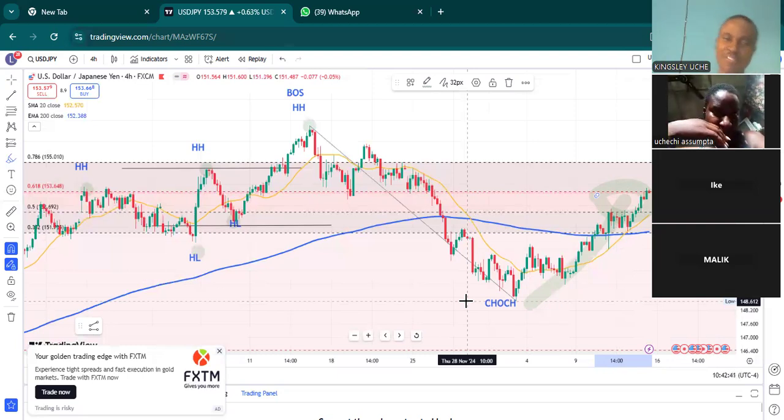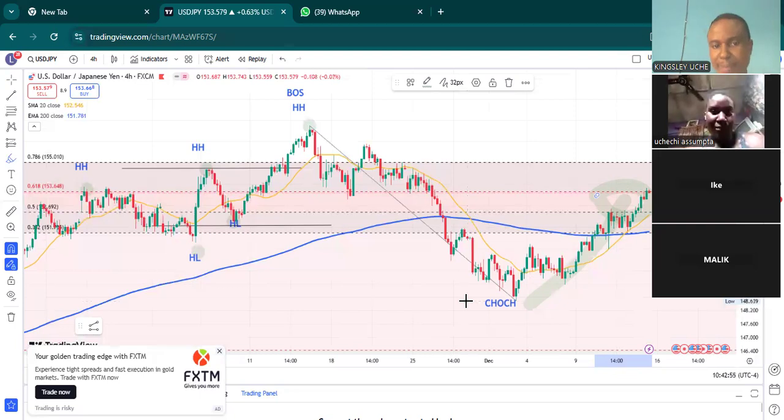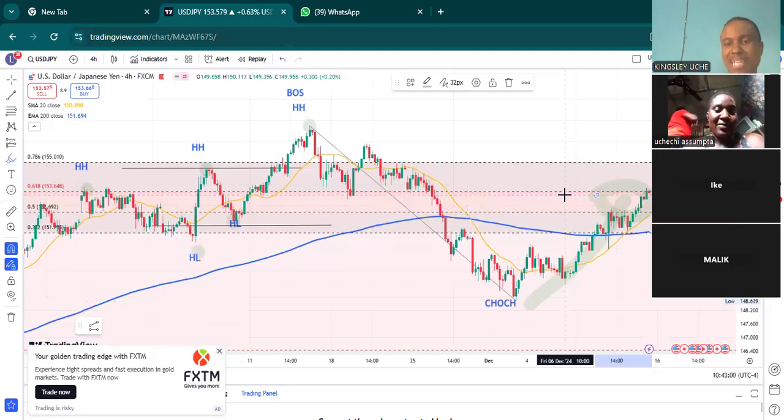A quick recap: on the first phase we have the first step, the second, the third, the fourth, and the fifth step. The fifth step is the drawing of the Fibonacci retracement tool, which we have drawn, and now the price has gone towards that level.